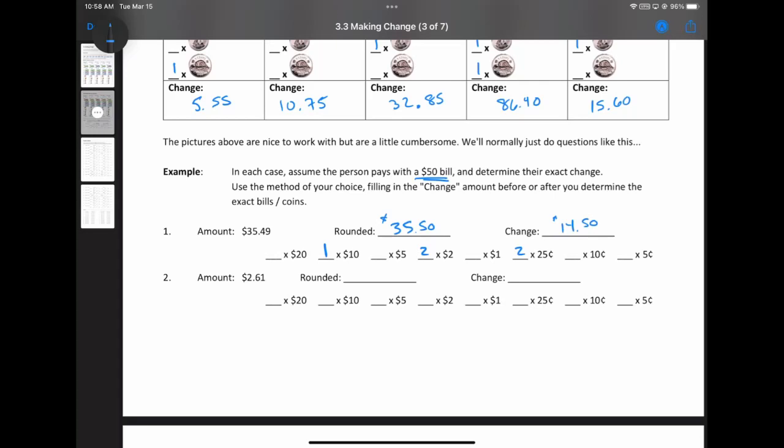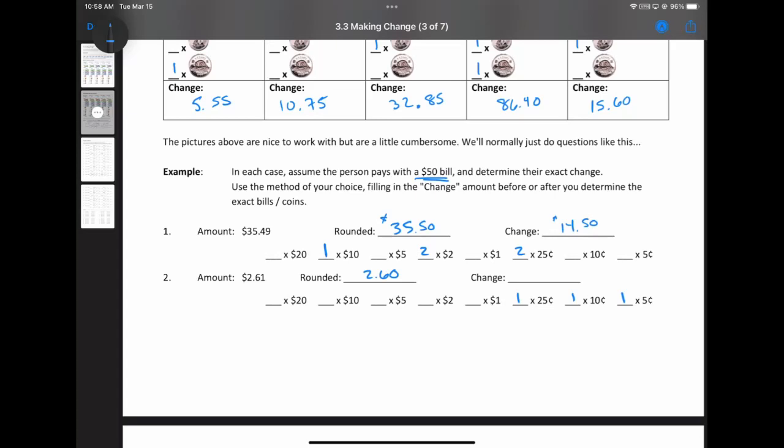If I want to do the other method, rounding off 2.61 is $2.60. If I want to add up to 50, I'm going to have to go from 60 cents up to the next dollar, which is 1 quarter, 1 dime, and 1 nickel. That takes us from 60 to 70, 85, 95, $1. So we're now at $3.